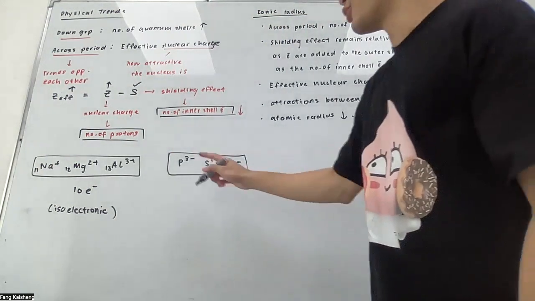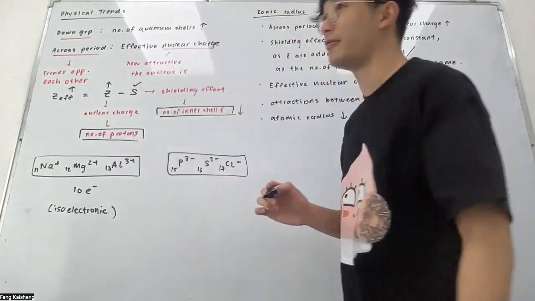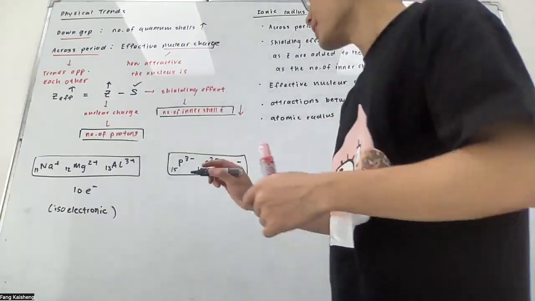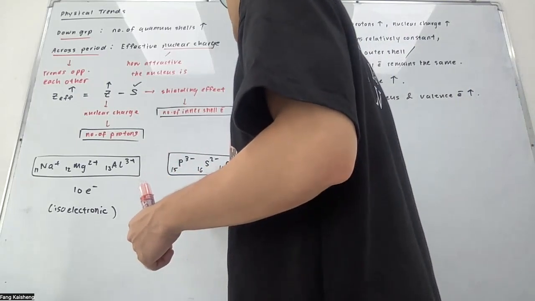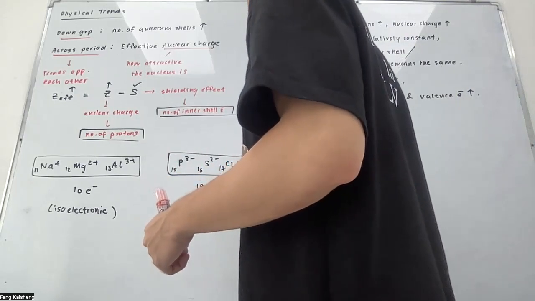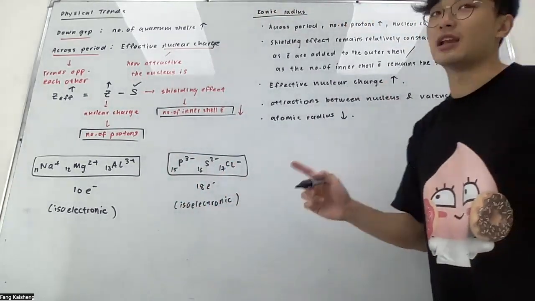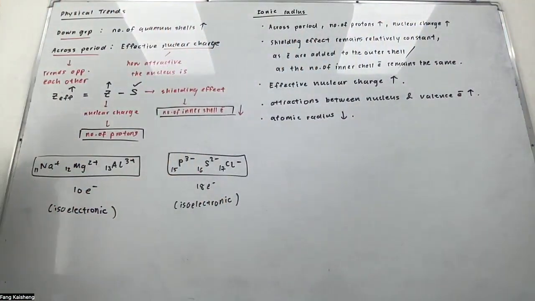Can you tell me how many electrons are there on the anion side? So yeah, if I tell you this is 15, 16, and 17. How many electrons are there? Okay, good. So you can already see, now that we are talking about anions, something is going to be slightly different. Also isoelectronic with each other. Can you all just do me a favor? For the 10 electrons, can you write down the electronic configuration first? Like what we learned last lesson. How do you express 10 and 18 electrons? Can you give it?